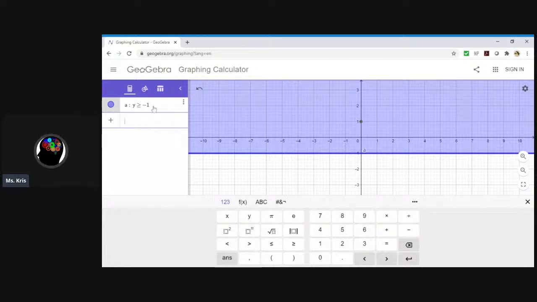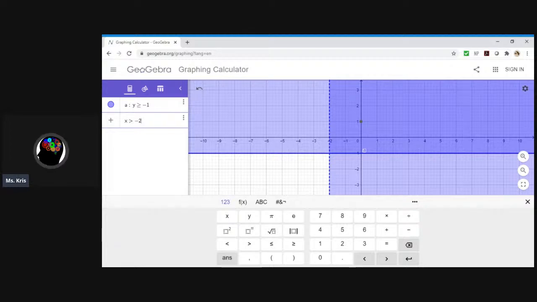Then you have x, which is greater than -2.